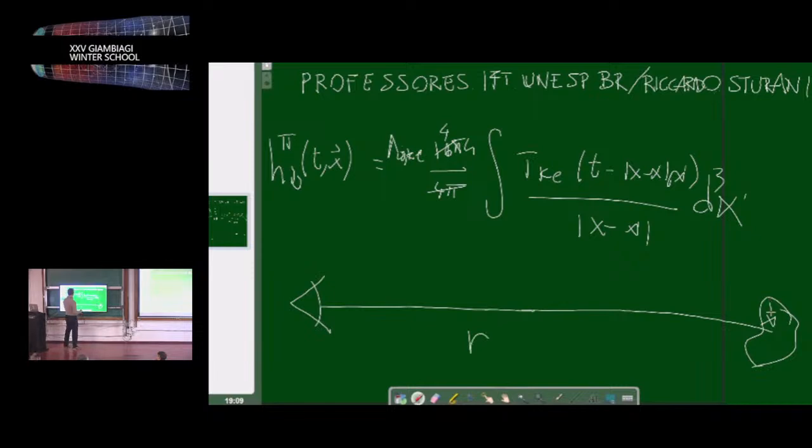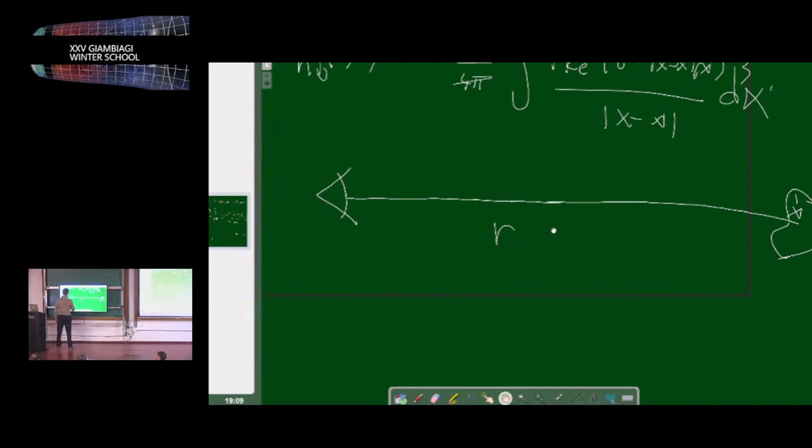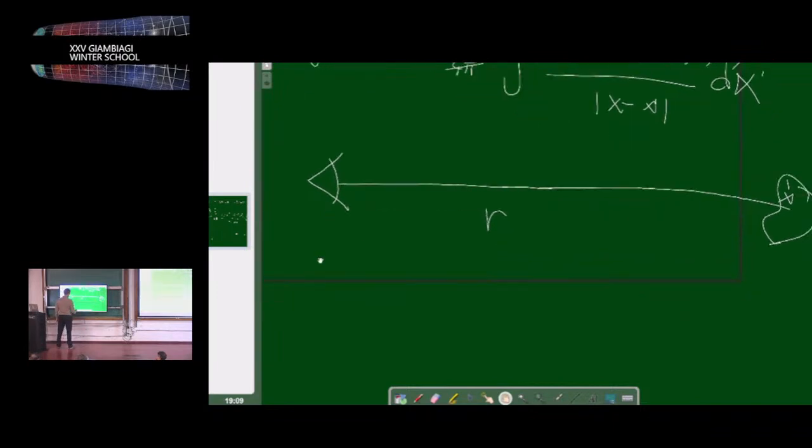And then there is the Pythagoras theorem: this argument here, x minus x prime, we expand it, and we say that the modulus of x minus x prime is equal to r minus n dot x prime plus order of x prime squared over r. And so it's completely negligible.